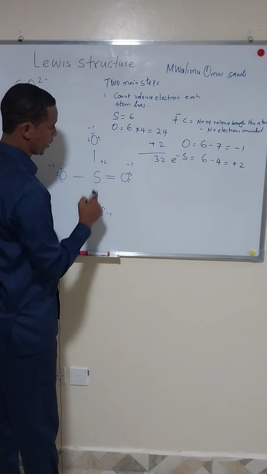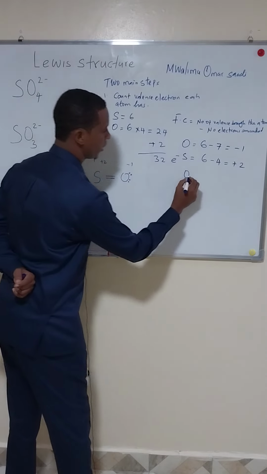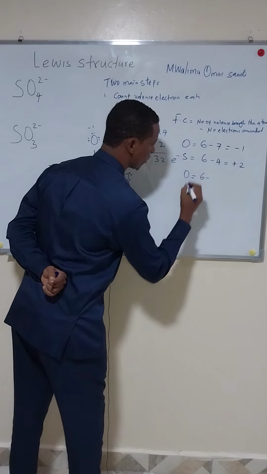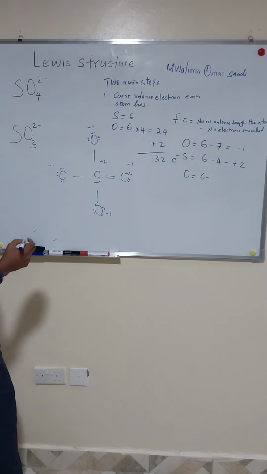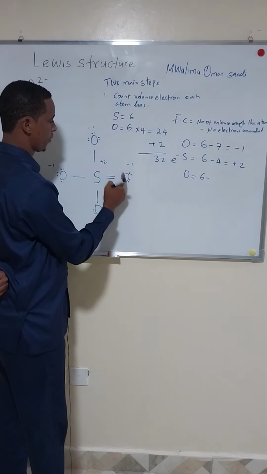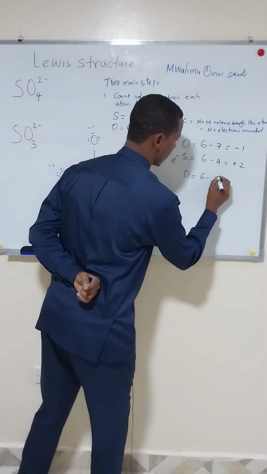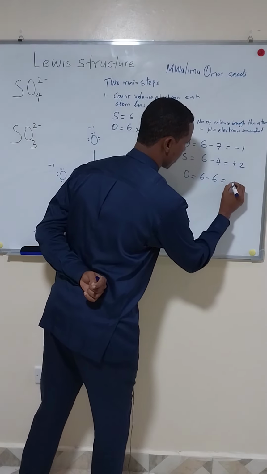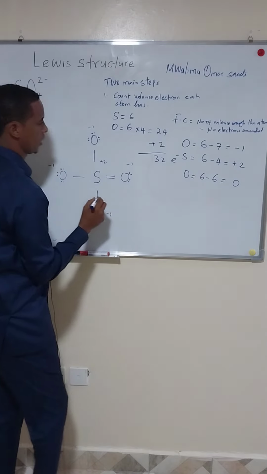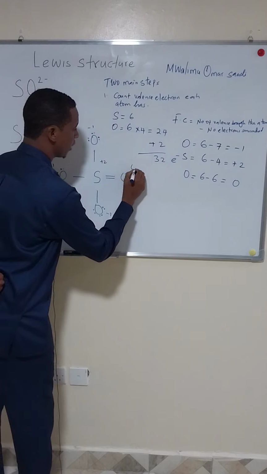So to get now the formal charge of oxygen again, oxygen brought 6 electrons minus surrounded by 1, 2, 3, 4, 5, 6. So 6 minus 6 is 0. So oxygen has now a formal charge of 0.